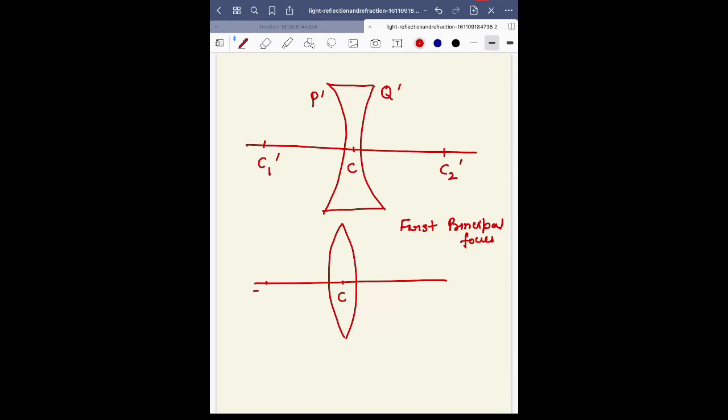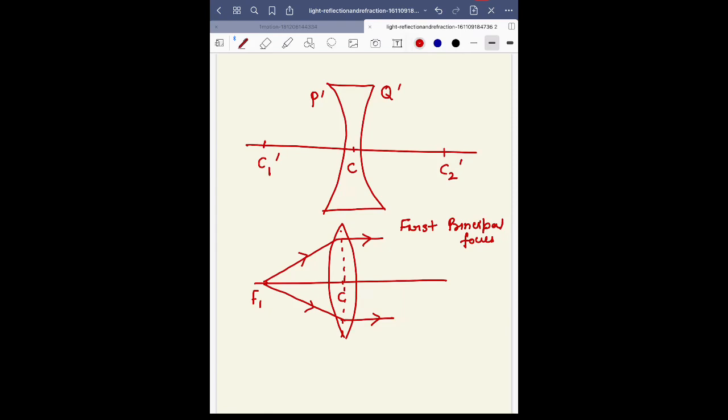If I say the position of the object is at f1, parallel rays will start from here. This is our aperture. Then what will it do? It will make these rays parallel to the principal axis. Similar to mirrors, a ray which passes through the principal focus becomes parallel to the principal axis, and a ray parallel to the principal axis passes through the focus.